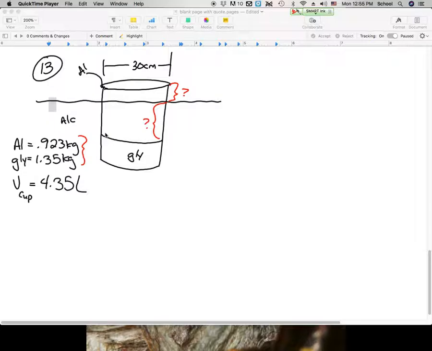So if we add up the aluminum and the glycerin, 0.923 plus 1.35, that's going to give us a total of 2.273 kilograms being pushed down, so we must have 2.273 kilograms of alcohol displaced.